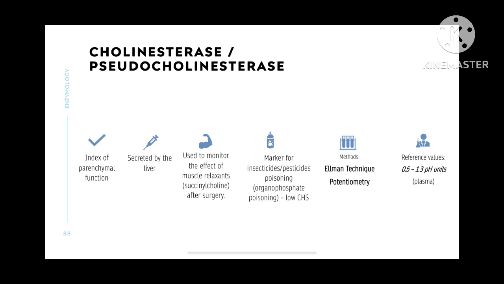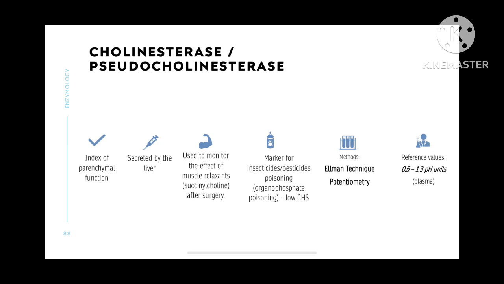This is also used to monitor the effect of muscle relaxants such as succinylcholine after every surgery. Acetylcholinesterase is also a marker for insecticide or pesticide poisoning, since this enzyme is inhibited by organophosphates. This means that if the patient has organophosphate poisoning, the acetylcholinesterase levels would be low.